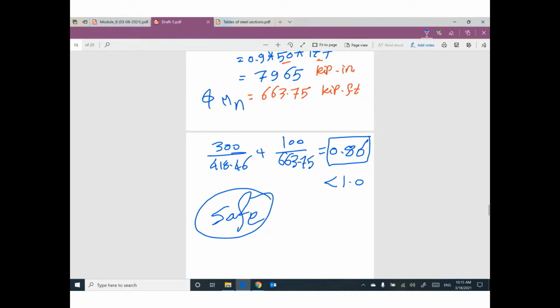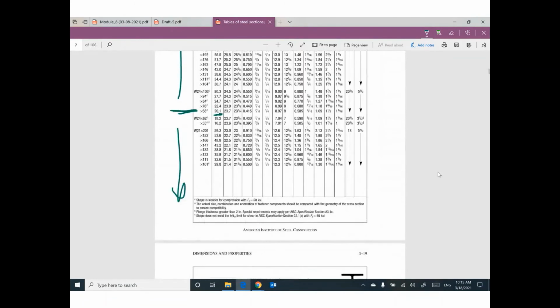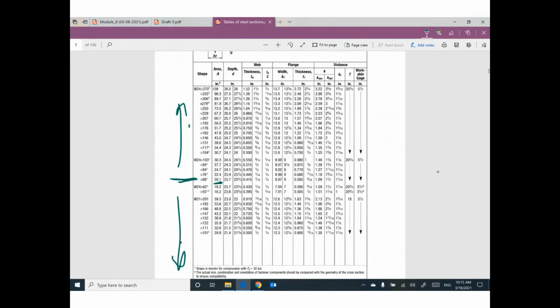We have very limited money. We need to reduce the cost as much as we can. So I will select another cross section. Anybody can tell me which cross section you are going to use? You need to go up or go down. So now you can decide.